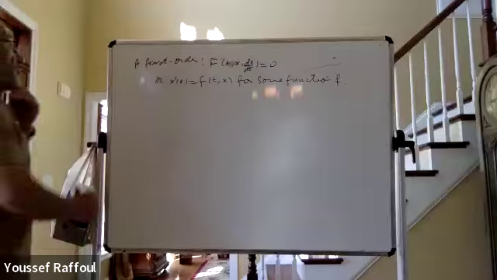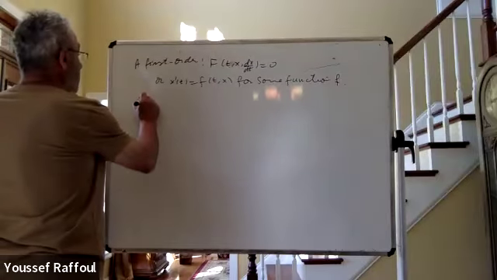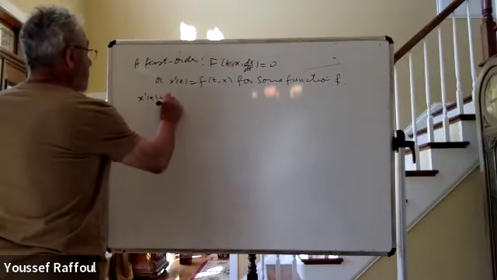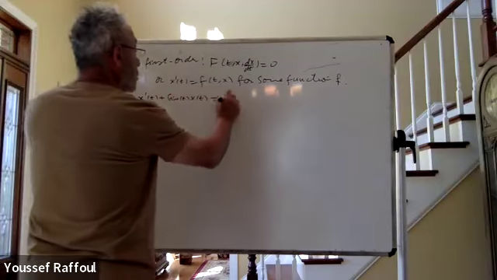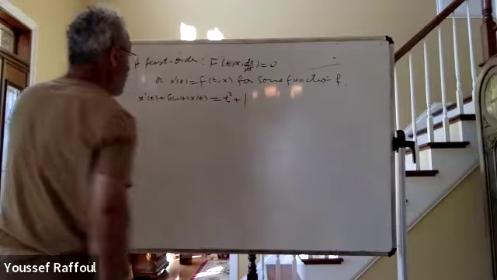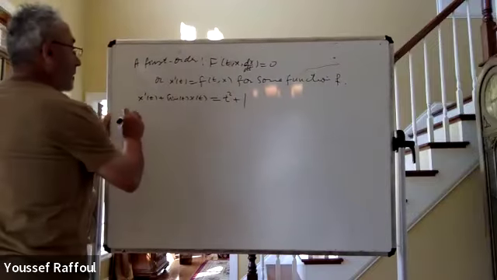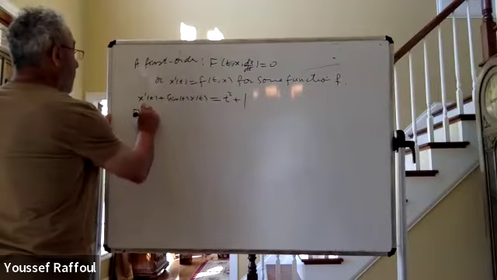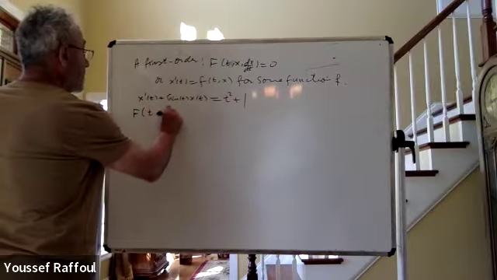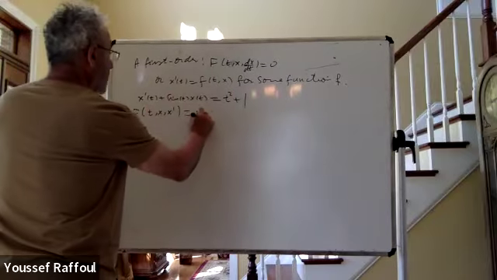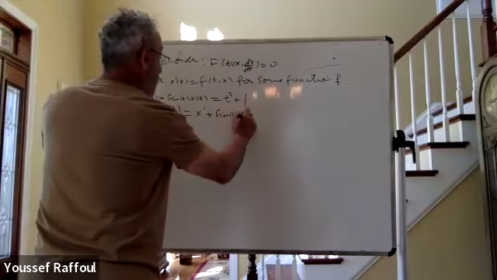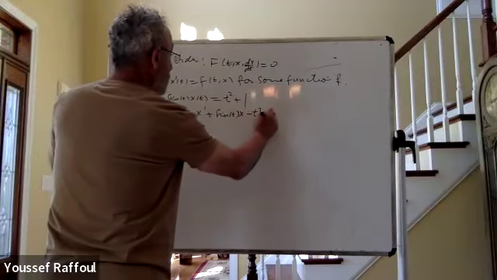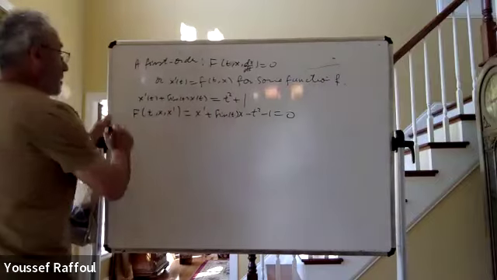So for example, if I have x prime of t plus sine t x of t equal to t squared plus 1, then f of t, x, x prime is x prime plus sine t x minus t squared minus 1 equals 0.